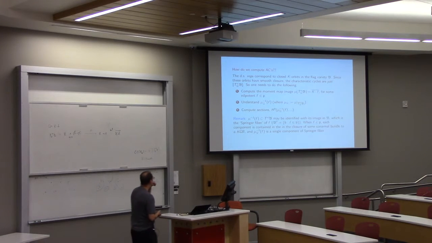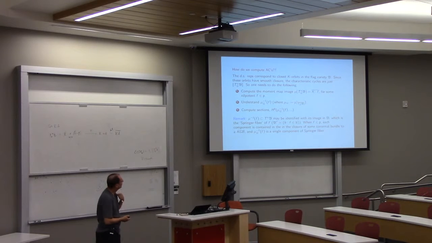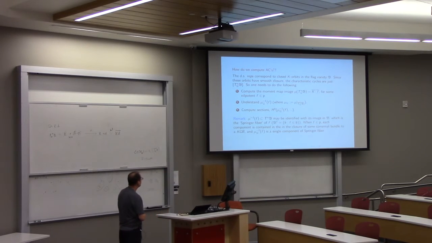So the inverse image of F is a Springer fiber of F. If you simply write down what it is and project from the cotangent bundle to B, it's exactly this, which is the Springer fiber.